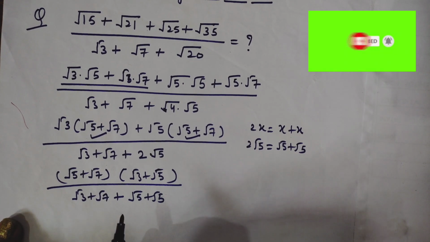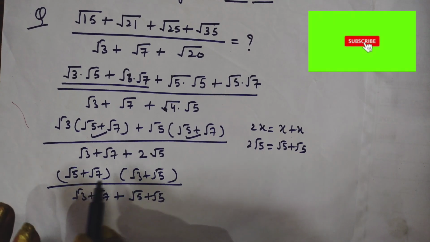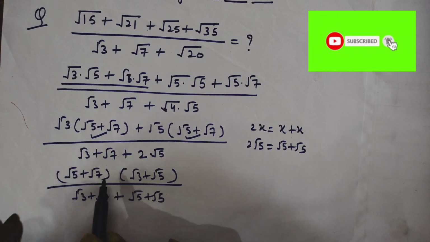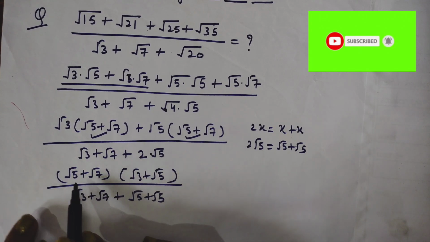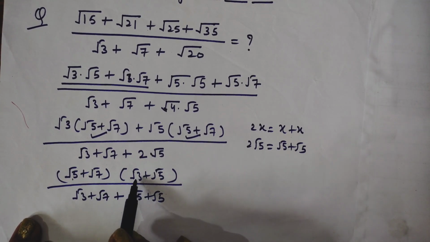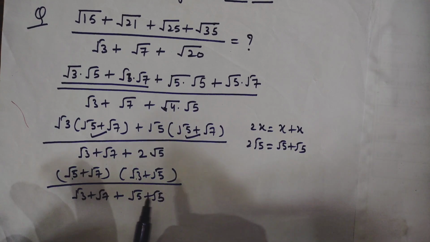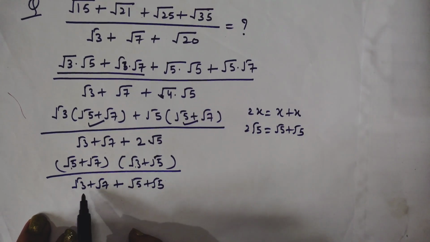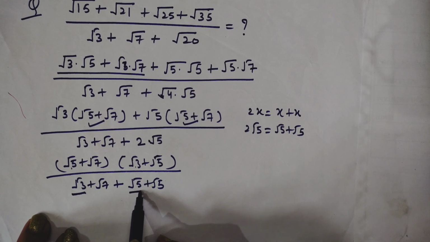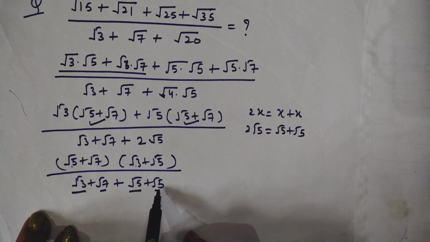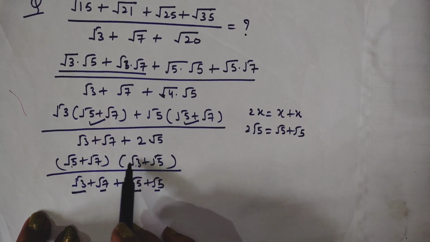Now on the upper side you can see there are two factors, root 5 plus root 7 and root 3 plus root 5. Can we make the groups in the denominator also? Root 3 and root 5 is the first group, and root 7 and root 5 is the second group, which are similar to the numerator.